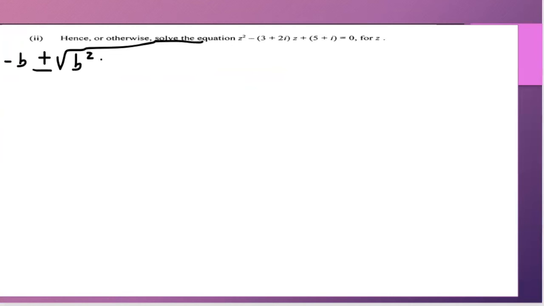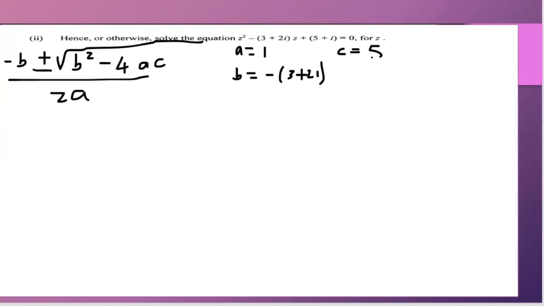I am going to identify what A, B, and C are in this equation. A is the coefficient of z squared, so A in this case is 1. B is the coefficient of z, so that is minus (3 plus 2i). And then C is 5 plus i. So substituting, I'm going to have minus, but minus (3 plus 2i).